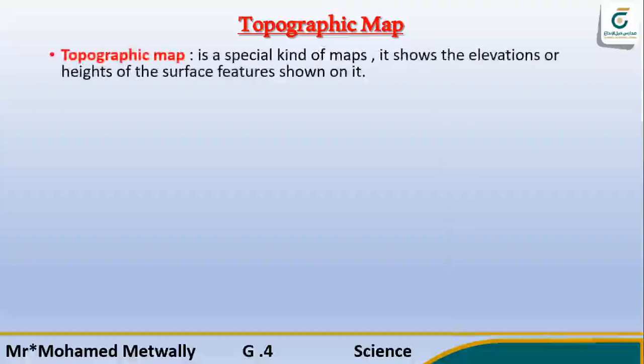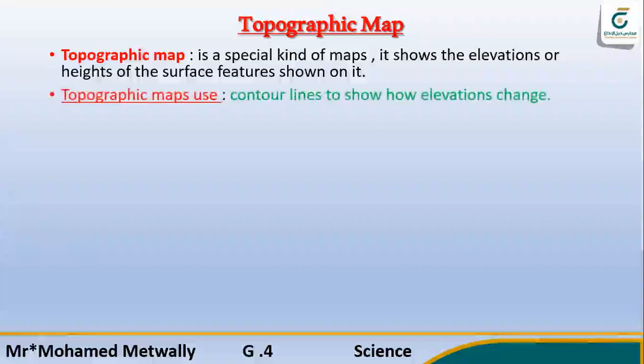So a topographic map is a special kind of map that shows us the elevations or the heights of the surface features shown on it. So scientists use topographic maps to know the location or the elevation of the features on the Earth's surface.